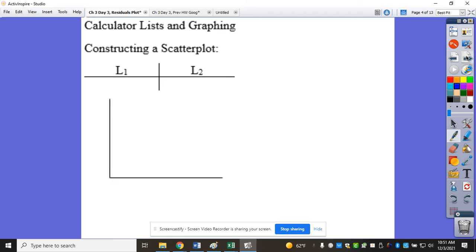All right, so this is kind of tying in calculator, what you just did on your homework. What's in list 1? Always x. What's in your list 2? Which is your y.